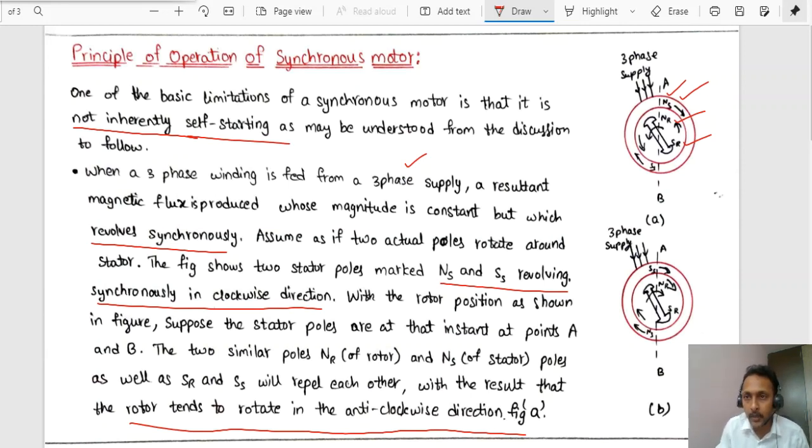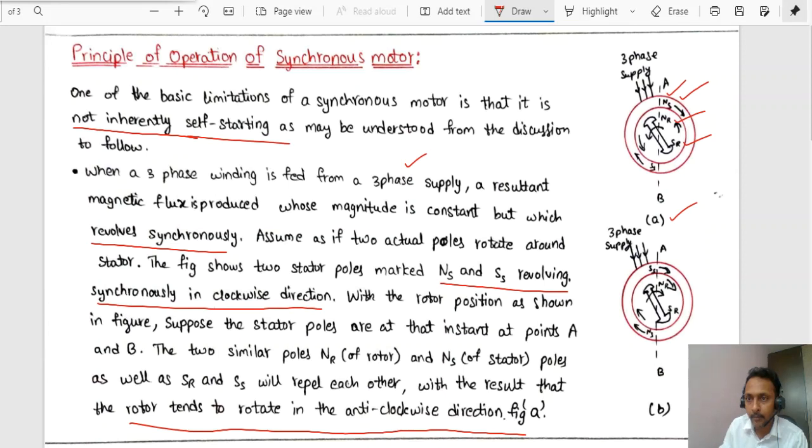Now assume NS indicates the north pole of the stator. At that time, in figure A, at point A, we have the north pole of the rotor and the north pole of the stator at the same position.